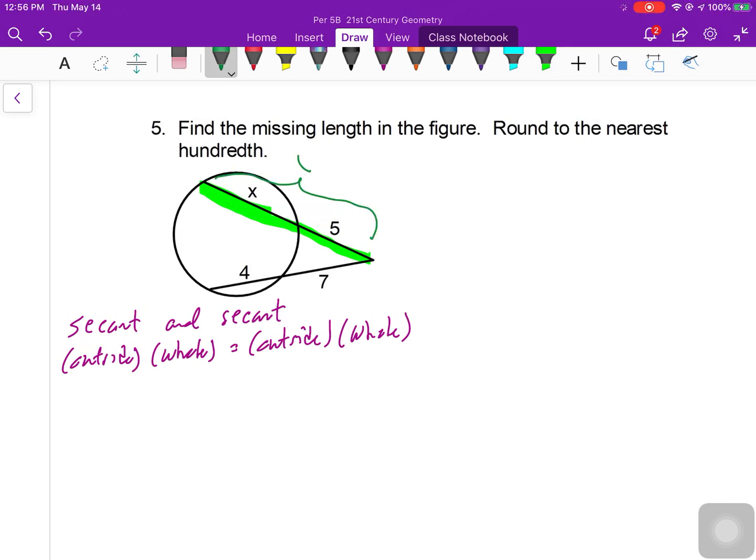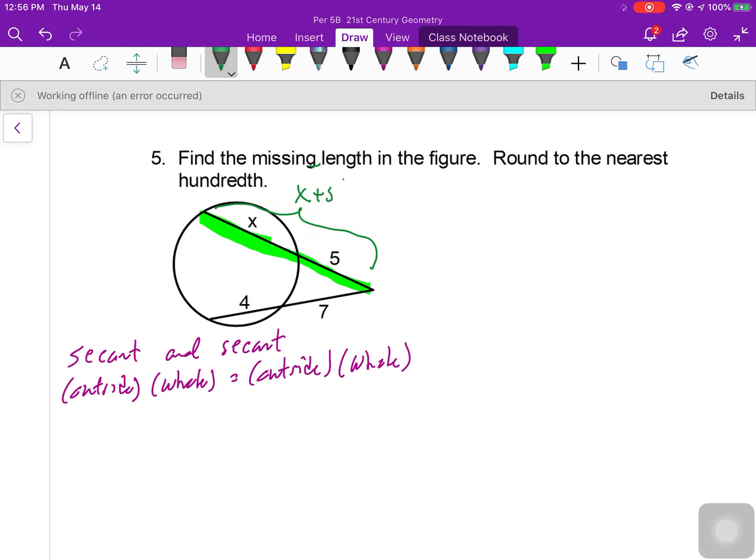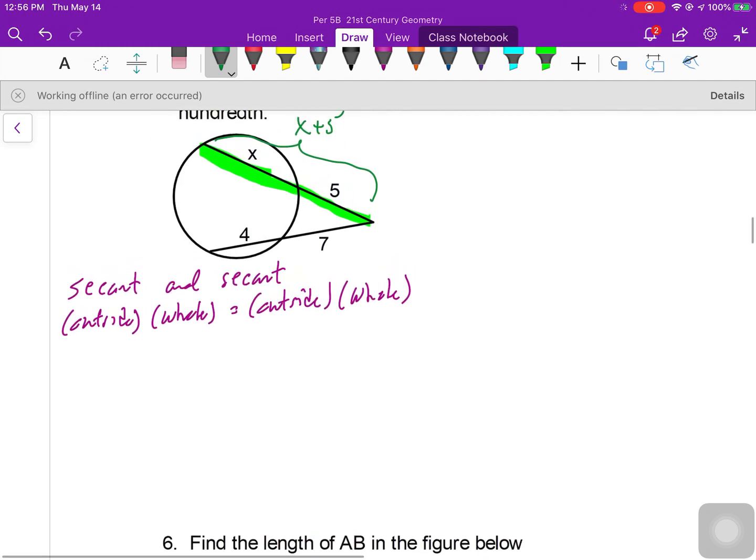Now for the whole length on this top one, that whole length is going to be the x plus the 5. So on that top one, the outside is 5. I guess I didn't need that parenthesis around that. And the whole length was x plus 5.